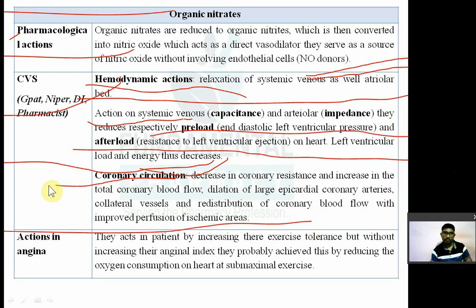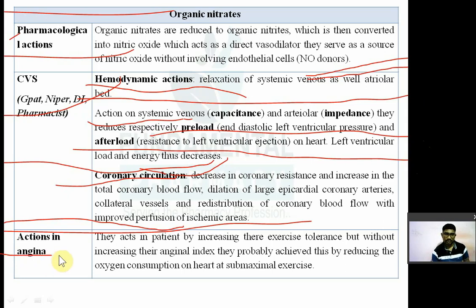Where blood was not going, because of vasodilation more blood will go. Initially large coronary arteries are dilated, and then the flow is redistributed.